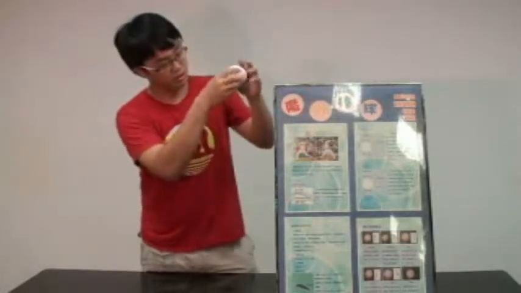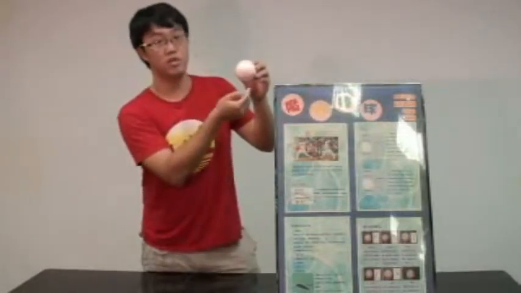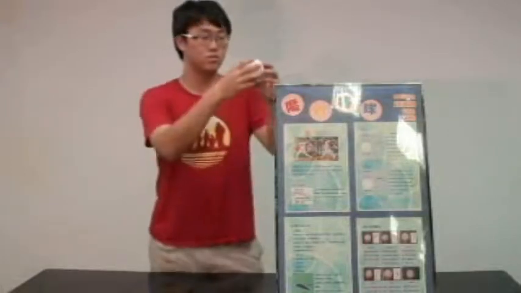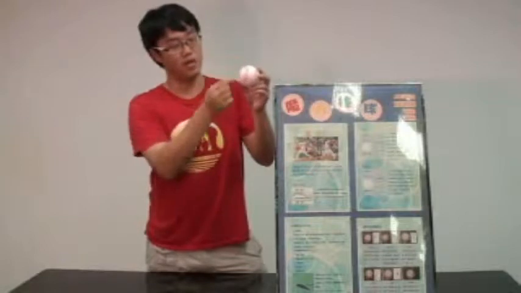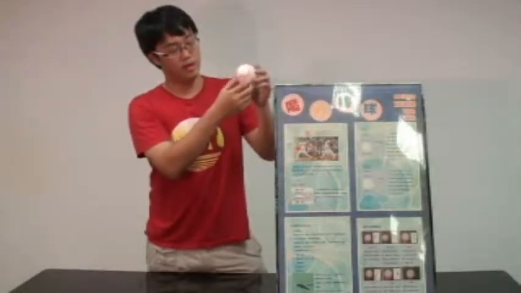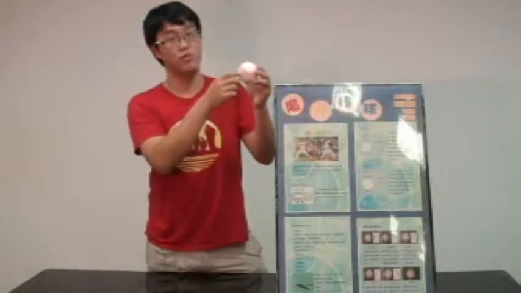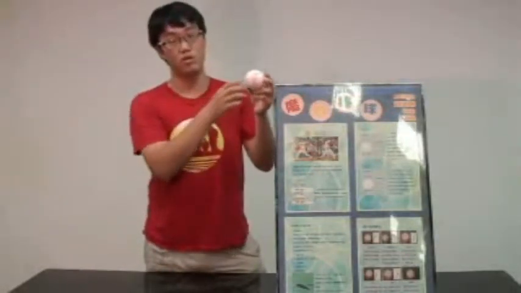Conversely, at the bottom of the baseball, the air will speed up across the surface of the baseball. Because the air on the upper side is slower than the air on the bottom side, there will be pressure acting on this baseball, causing it to move downward. So this is how the sinker works.